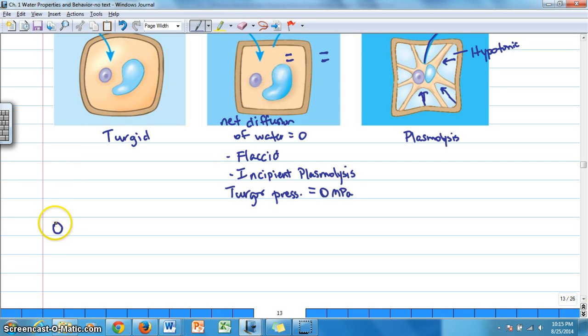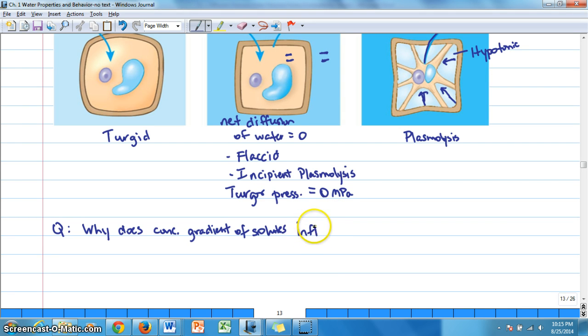We want to really dissect this whole process, and so the question we want to ask is, why does the gradient of solutes, the substances that are dissolved in water, influence the direction of water movement during osmosis?